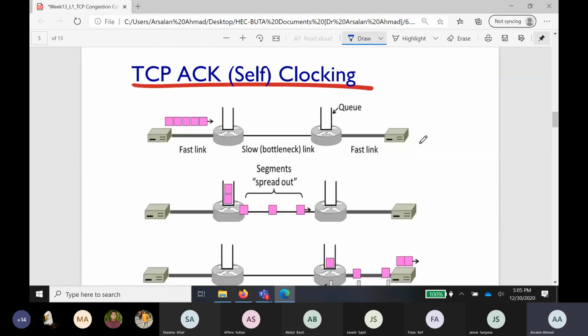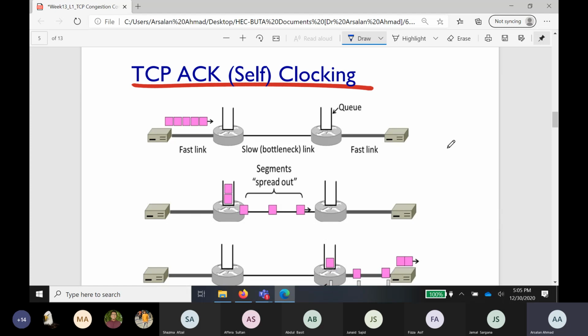And then we also observed a very beautiful phenomenon exhibited by TCP, the transmission control protocol, which says that TCP self-clocked itself without having a look at the network. TCP somehow self-clocked itself on the rate at which the bottleneck or the slowest link in the entire path wants it to operate.